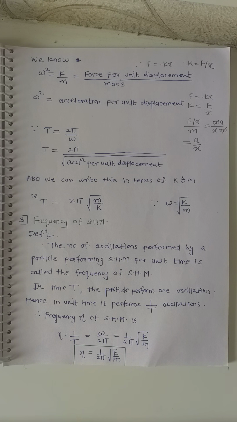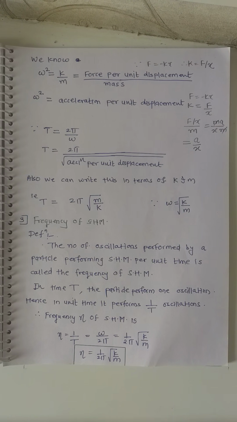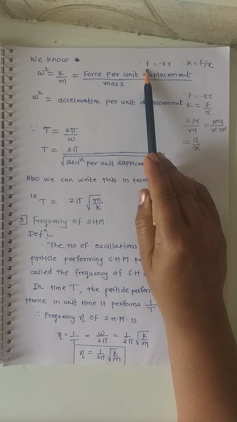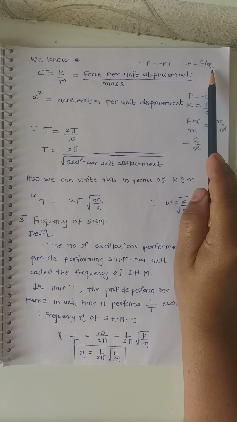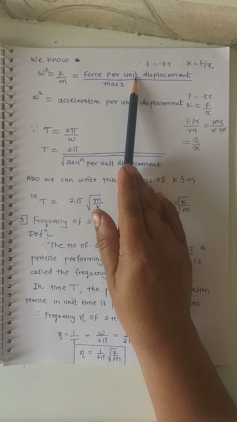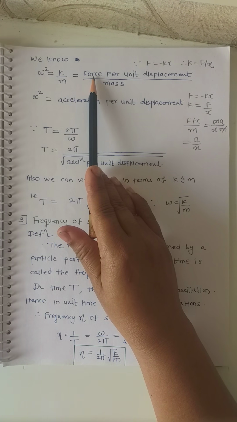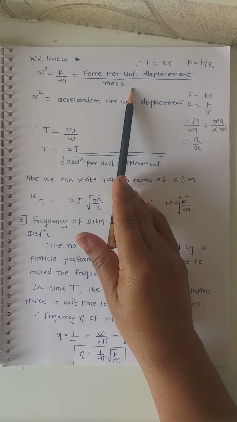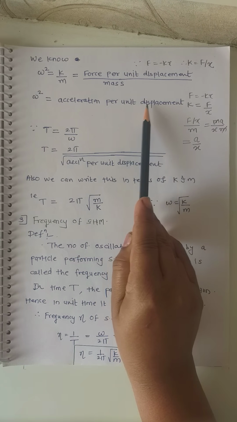This is one expression for period of SHM. Now we also know omega square is equal to k by m. k is force per unit displacement. We know restoring force is equal to minus kx, so k will be equal to force upon displacement. Now omega square is equal to force per unit displacement upon mass. So omega square will be equal to acceleration per unit displacement. How?